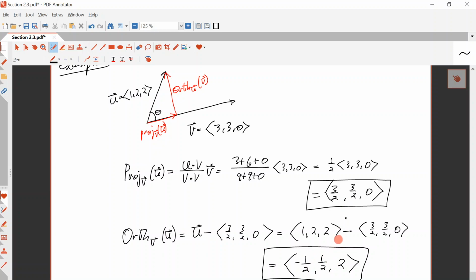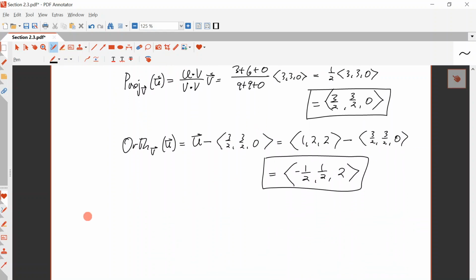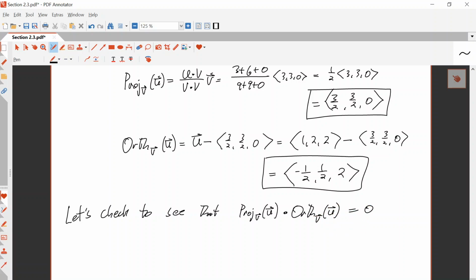Notice these two vectors are orthogonal. Let's check to see that the projection of u onto v dot the orthogonal component of u to v is equal to 0. Let's see that they're actually perpendicular. Well, this is 3/2, 3/2, 0 dot minus 1/2, positive 1/2, 2.